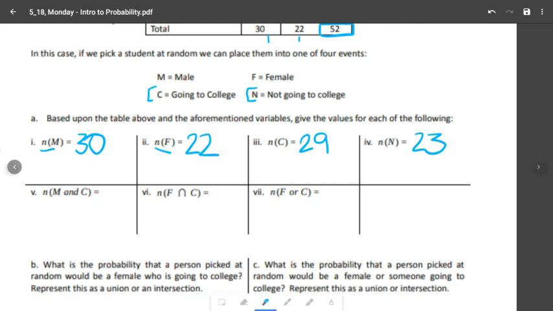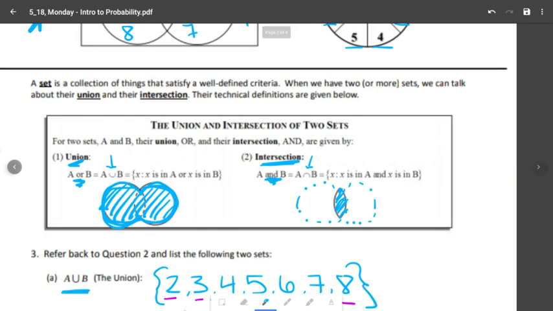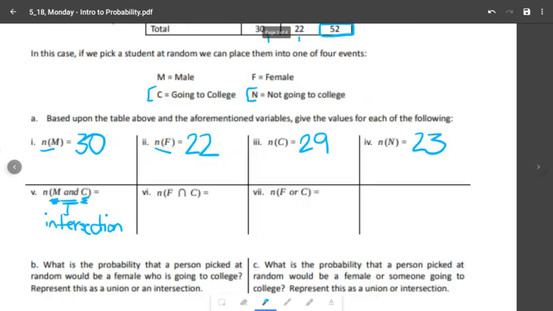Okay, next one, fifth one. The number of students that were male and going to college. This, remember, is their intersection, the word "and." If you go back to the page before, the word "and" was intersection.